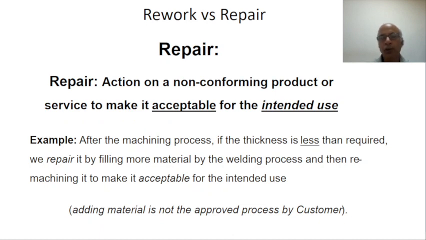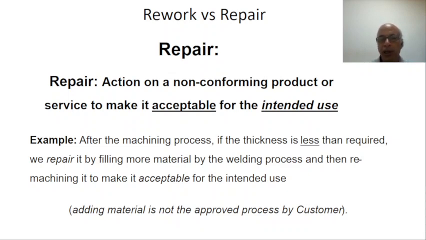Now we are going to discuss what is a repair. Repair is action on a non-conforming product or service to make it acceptable for the intended use. Suppose, for example, after the machining process, the actual size is less than the size tolerance, below the lower limit.